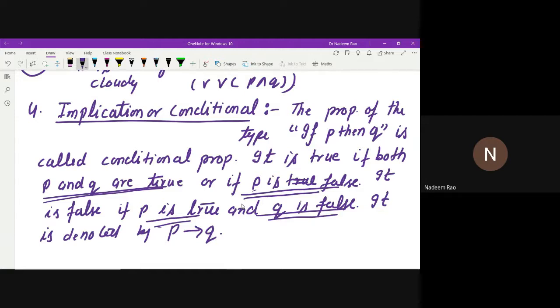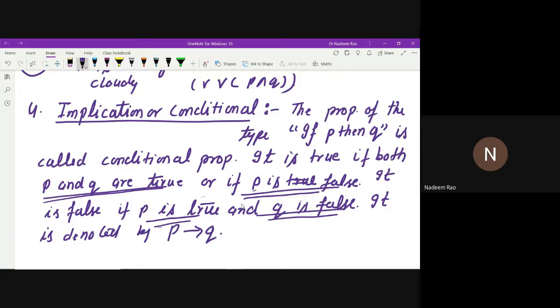Now we will move to the truth table for it. P is called hypothesis or premise, and Q is called conclusion or consequent.